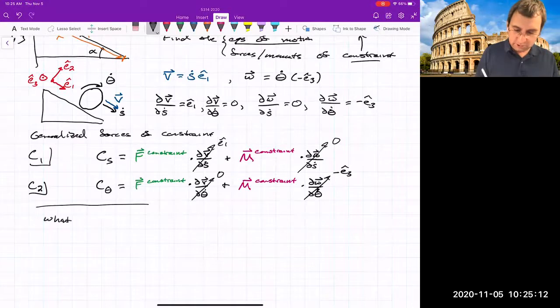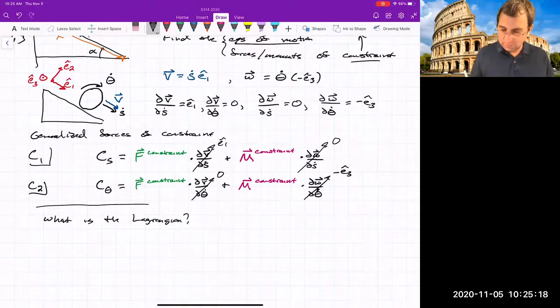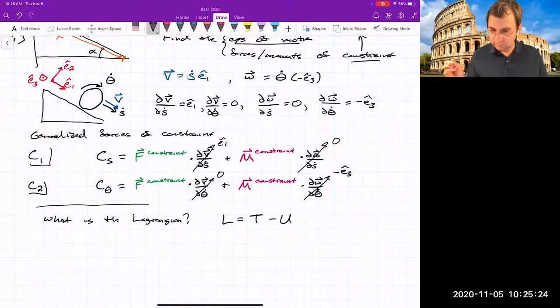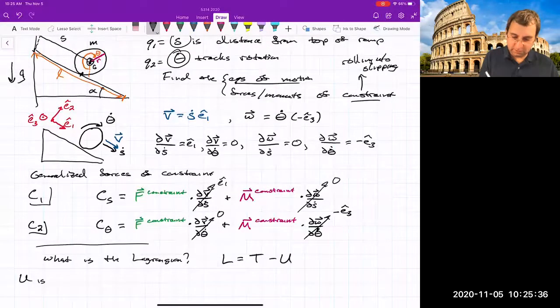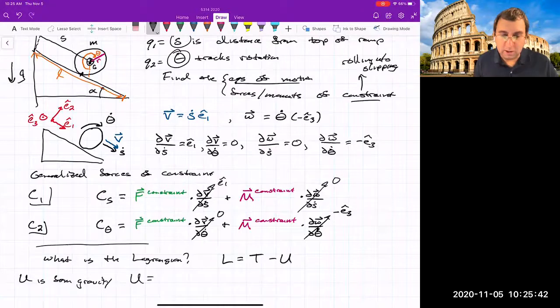So what is the Lagrangian? L we'll write as T minus U. The U is from gravity. If we look at our diagram up here in the upper left, it's mg times the height, so this is mg (L minus S) sine alpha.